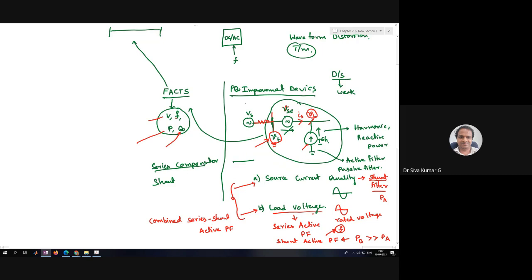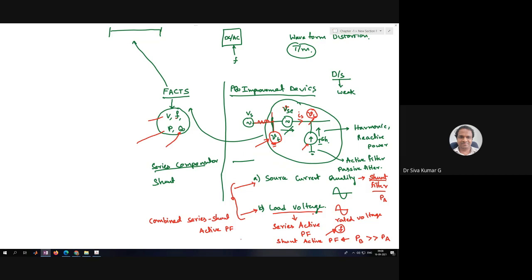Whatever devices I am mentioning with respect to power quality improvement, the same are there in FACTS devices also. When you see the power level system diagram, it looks the same.